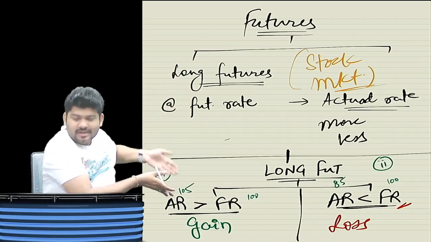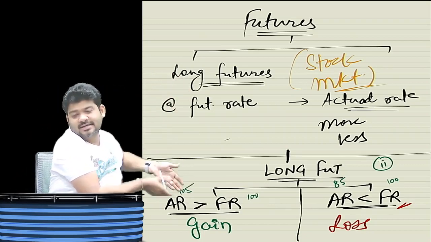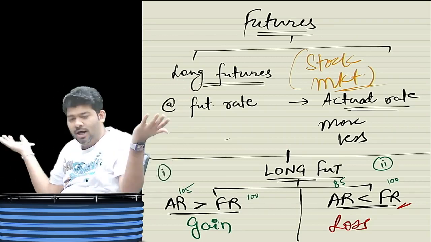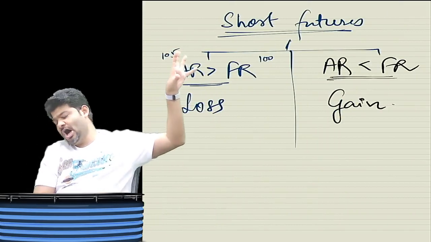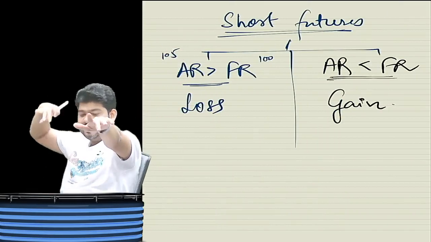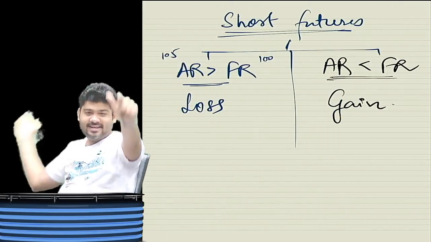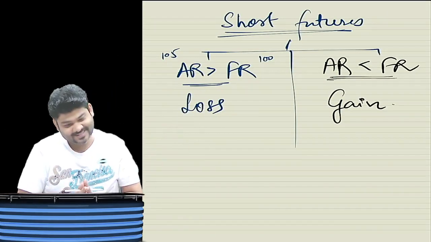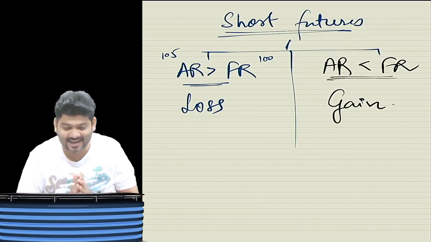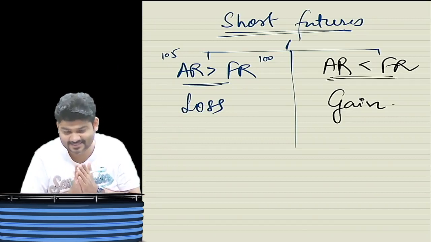If it is more, in case of long futures, it is a gain, else it's a loss. If it's a short futures, if it is more, it's a loss. Otherwise, it's a gain. Everybody understood? Awesome.